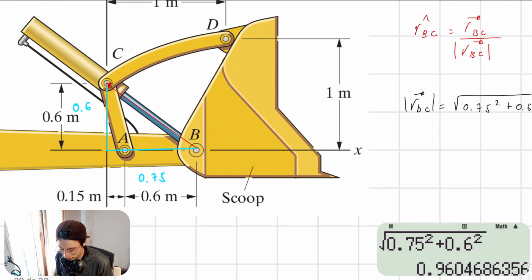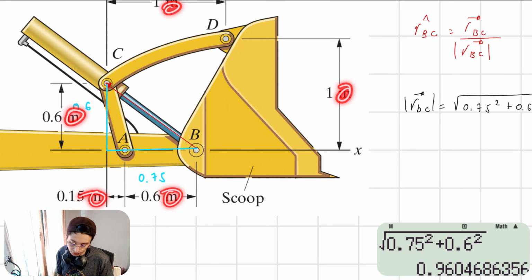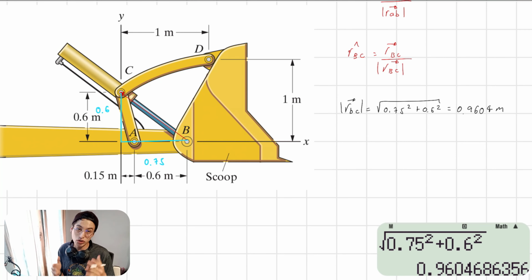Because we're working right here with meters, meters, and meters. This is something that I didn't mention, but you have to make sure that every single one of the lengths that you are using within every equation is in the same unit system. It could be US customary base units or international system units.